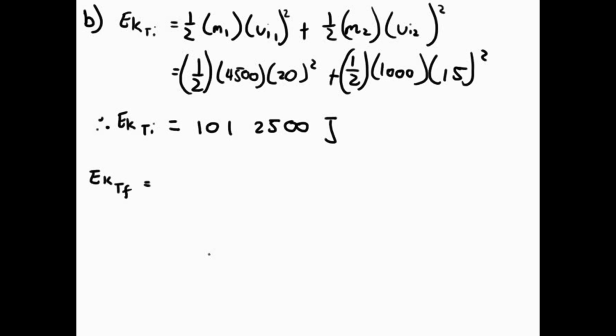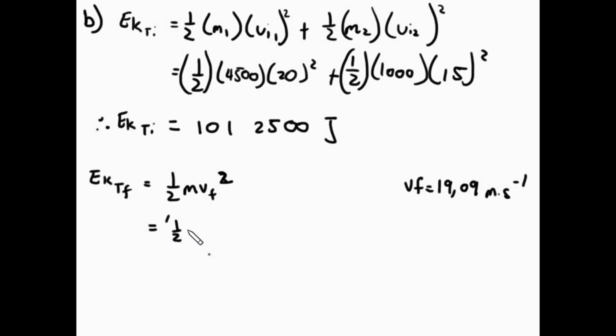We need to find out what is the final total kinetic energy. This one is a little bit different, because now remember we're taking our two masses combined, and we know when we calculated our VF it equaled 19.09 meters per second. So our equation here is just half m vf squared.